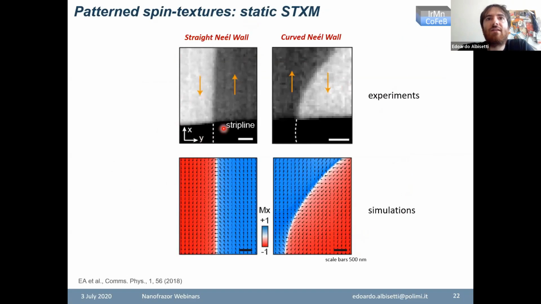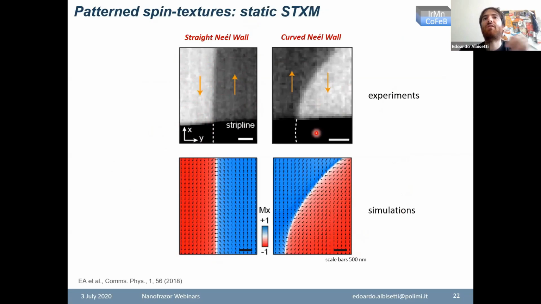So we had our antenna here, and we have a patterned domain wall where the magnetization on the left points towards the bottom, and the magnetization on the right points towards the top. And here you see a micromagnetic simulation that shows you point by point the direction of the spins. You also see that in the domain wall, the spins are again coherently rotating from one domain to the other one.